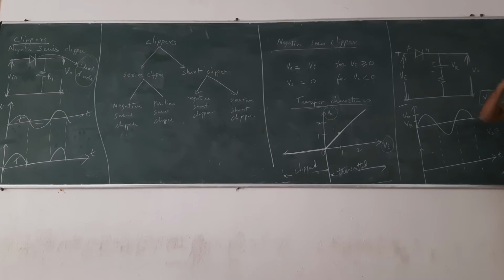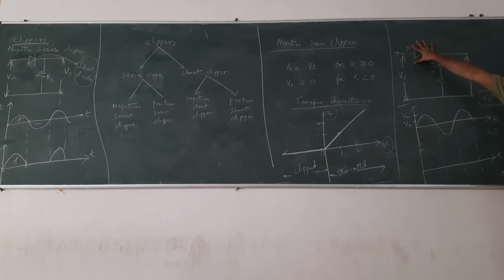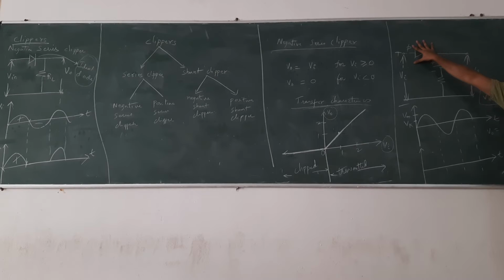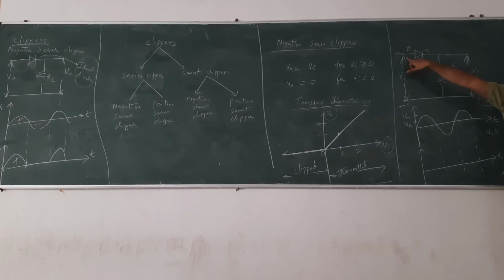Switch off means no connection here. Input has lost connection. I repeat again: when the voltage here is less than VR, the diode is reverse bias, meaning off.